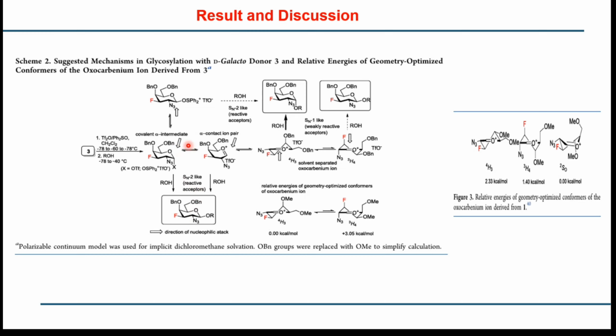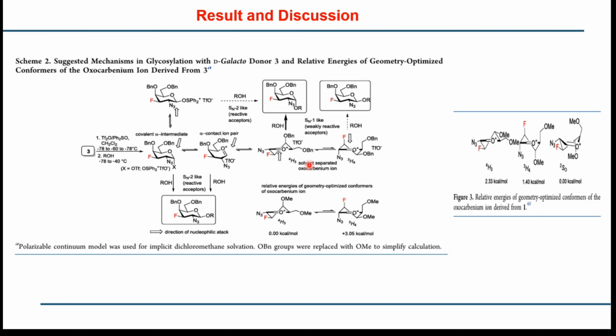But other than that, in case of this one, alpha contact ion pair, even though this will follow the SN2-like mechanism, in that case alpha product will form. And here also, if we see this intermediate, the half chair 4H3 opening can be done from both sides, but this opening will give the chair form conformation.